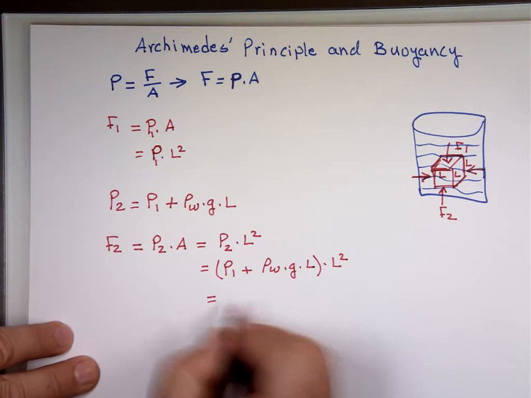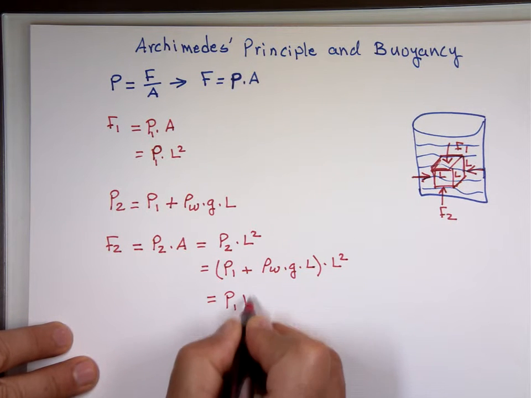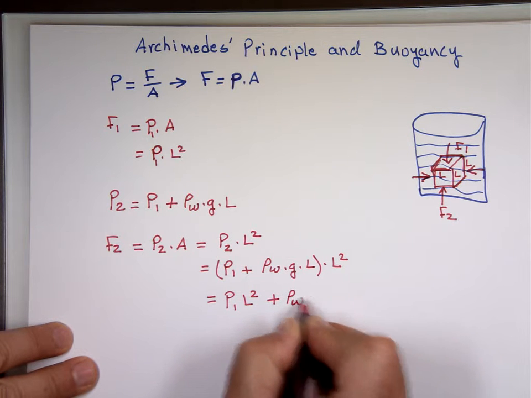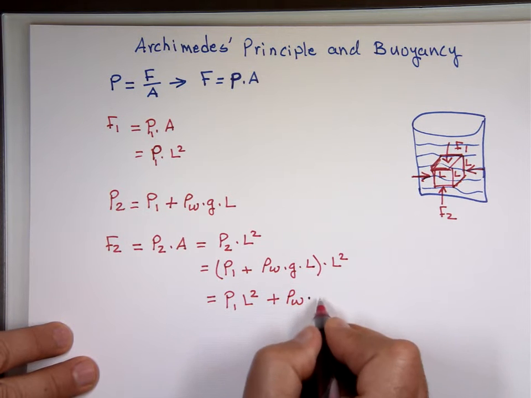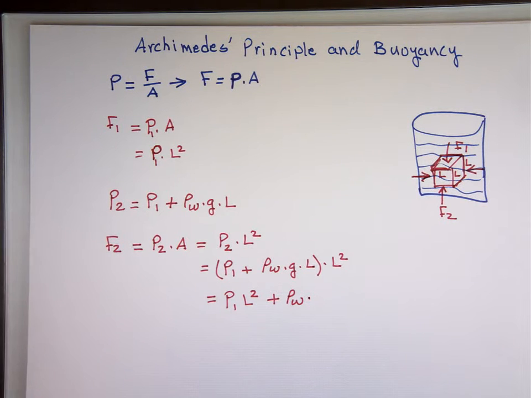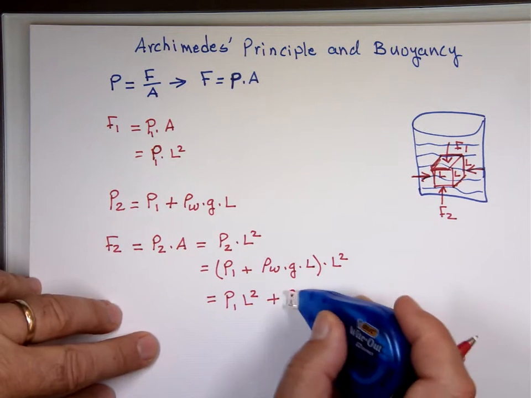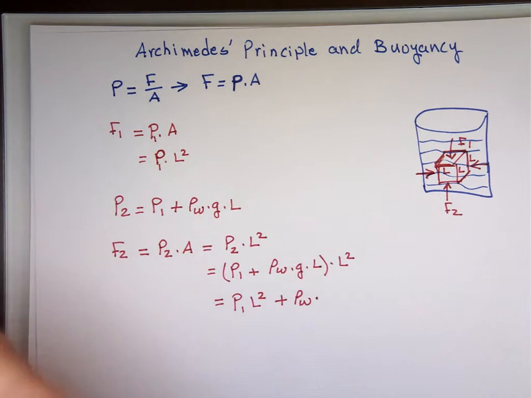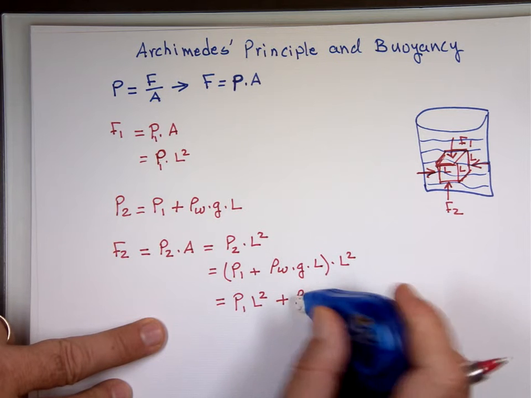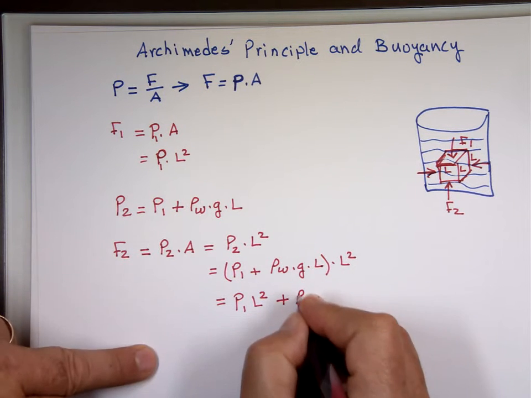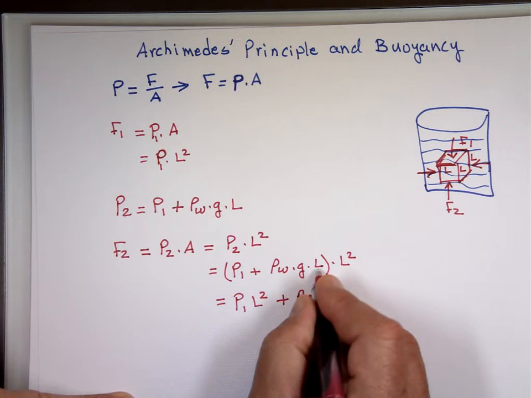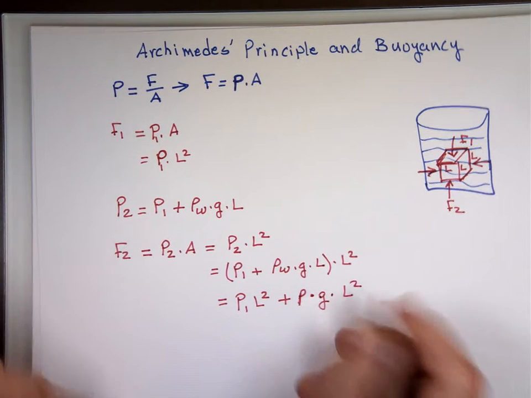And what are we going to have? P1 L squared plus rho of the water here, or the wood, I'm sorry, times gravity. Let's go just rho here. Times gravity times L squared, that's L cubed.